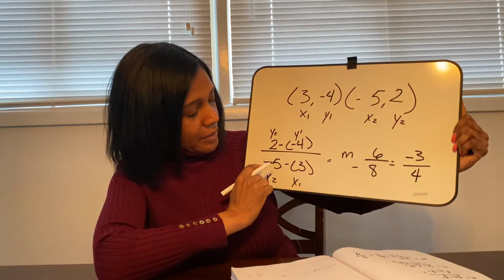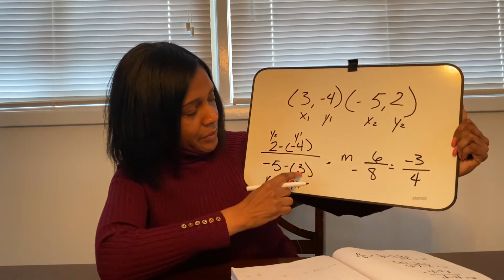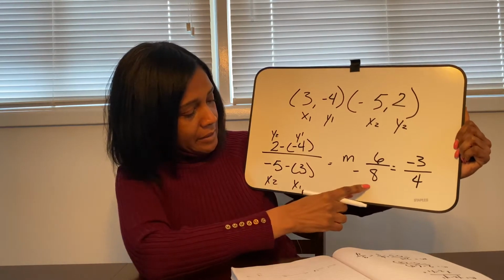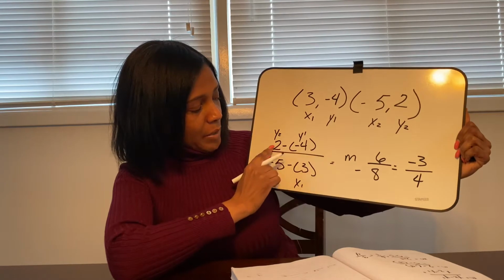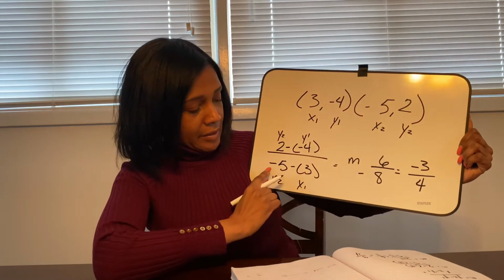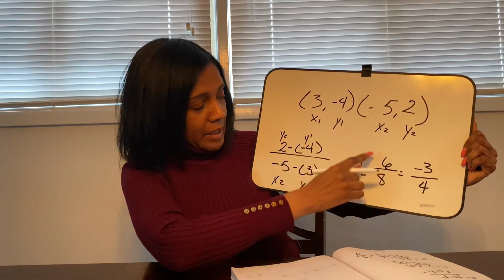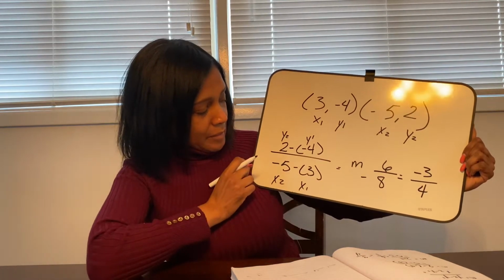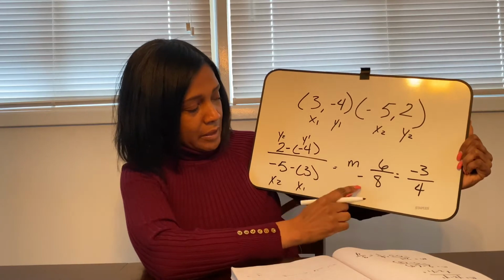And then the -5 minus the 3 is going to give us an 8. So we have a positive and a negative, and we're going to simply add them. The 8 is going to be negative.